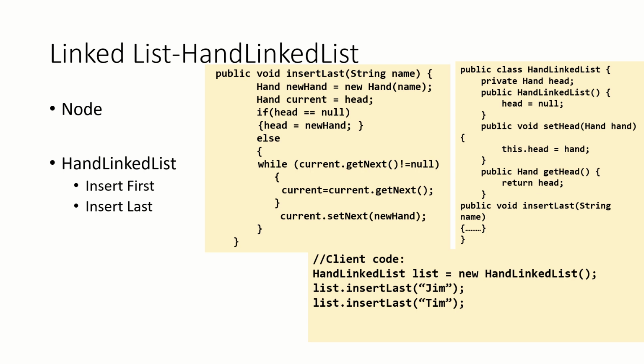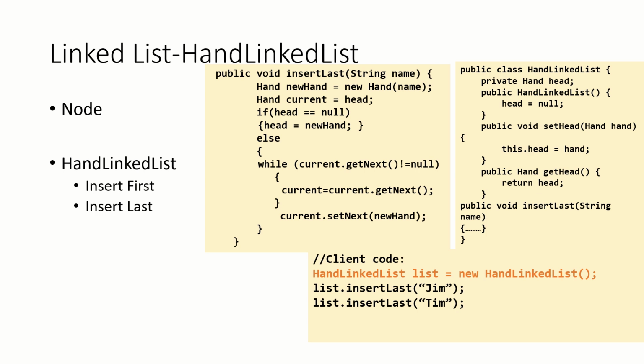Which we do with a while loop. Correct? Once you find the tail, make this tail point to the new one. Right? Make sense, everyone? So this code does make sense to you? Okay.